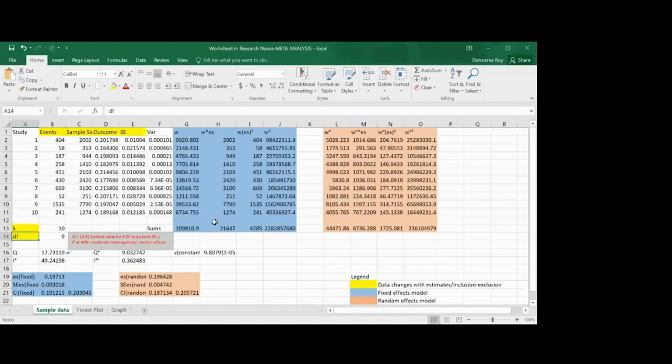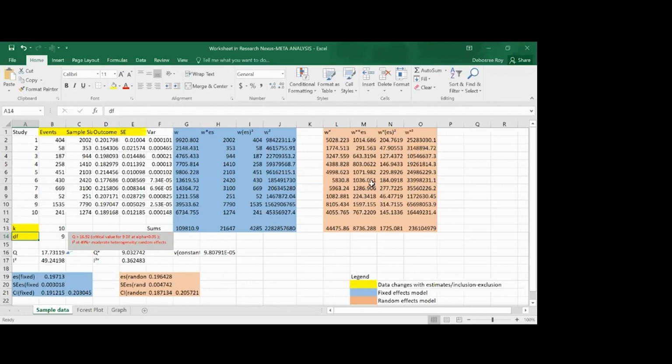The blue is the calculation for a fixed effects model, with the assumption that the data is homogeneous enough that we can get a fixed estimate of intervention effectiveness. And the one in saffron, I don't know what this color is.